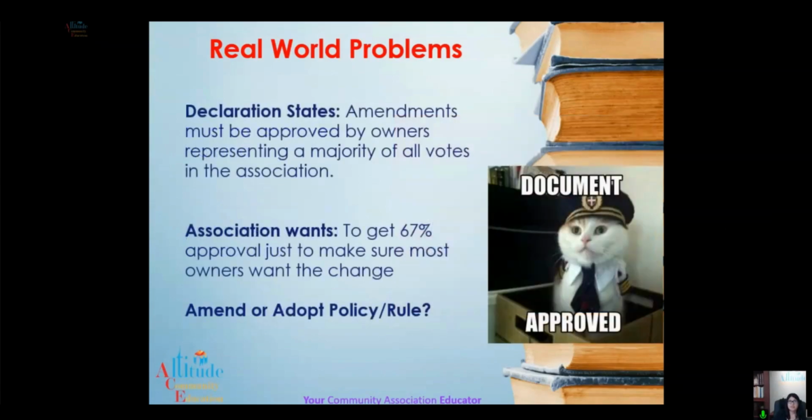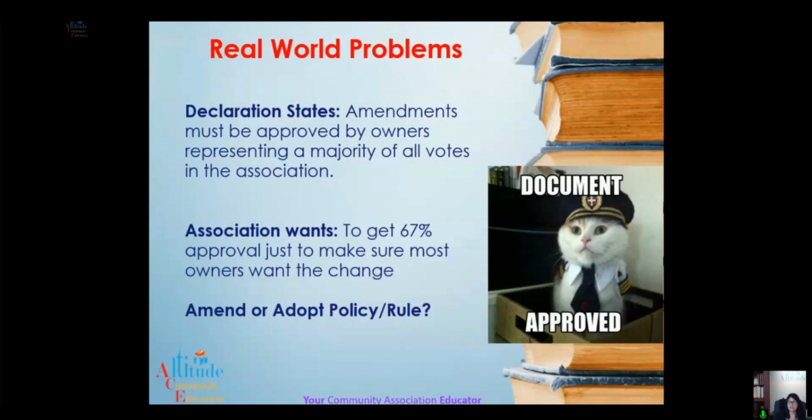All right, amendments must be approved by owners representing a majority of all votes in the association. Okay, sound good? Association wants to get 67% approval just to make sure most owners want the change. So, okay, great.